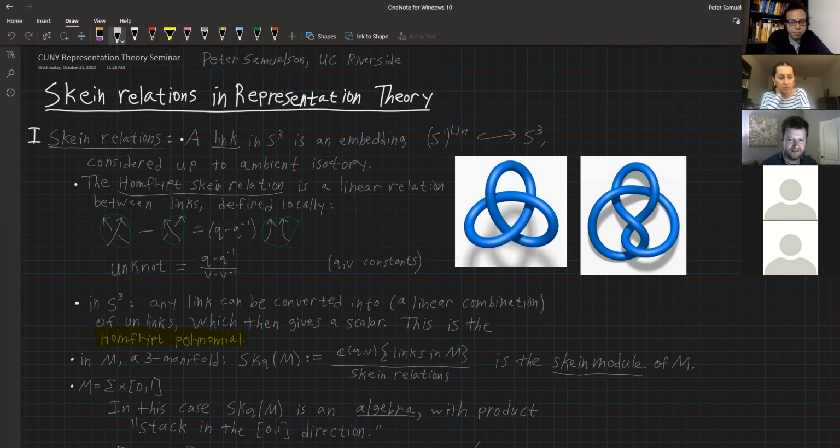So these are the initials of 8 different people, arranged in a way that's close to pronounceable. And it's because 8 people came up with the same thing at the same time, basically. So this is a linear relation between links, and it's defined locally.